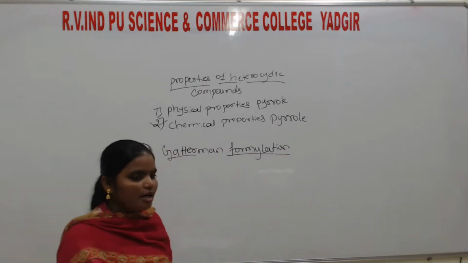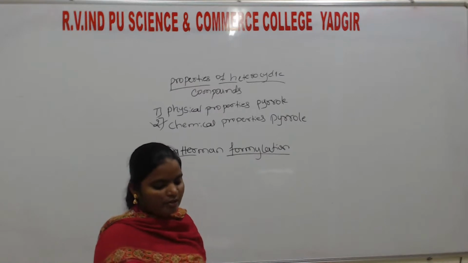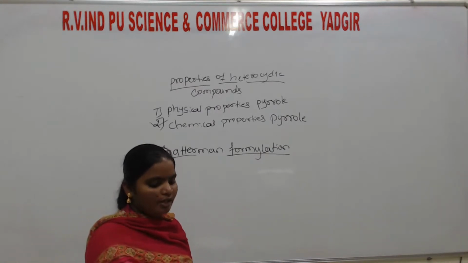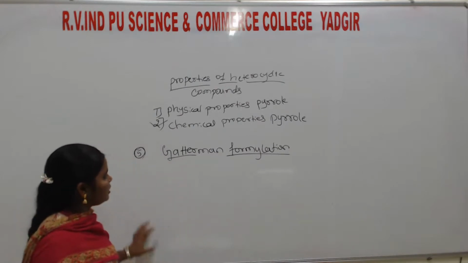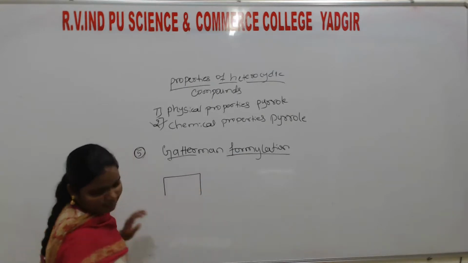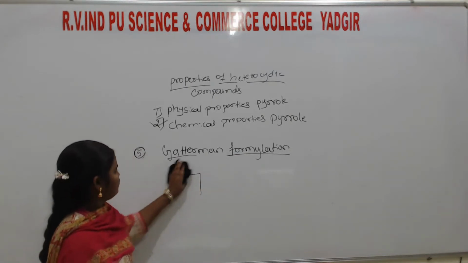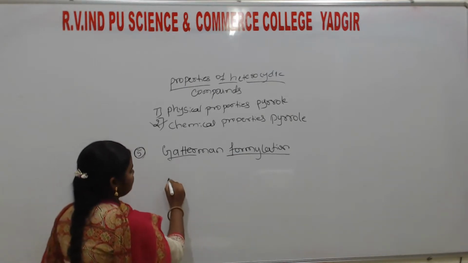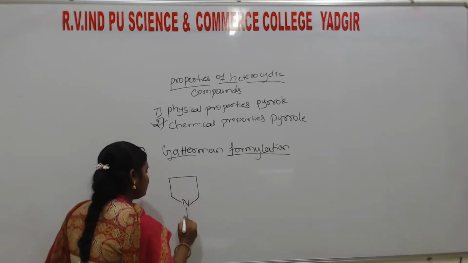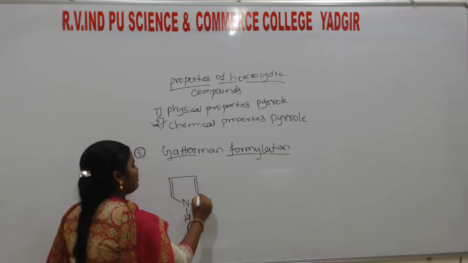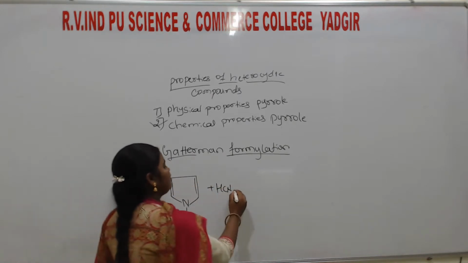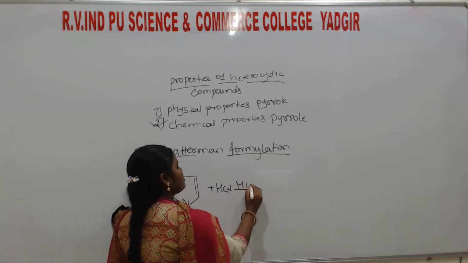Pyrrole is treated with hydrogen cyanide in the presence of hydrogen chloride to form 2-formylpyrrole. This is pyrrole, in the presence of HCN, hydrogen cyanide, plus HCl.